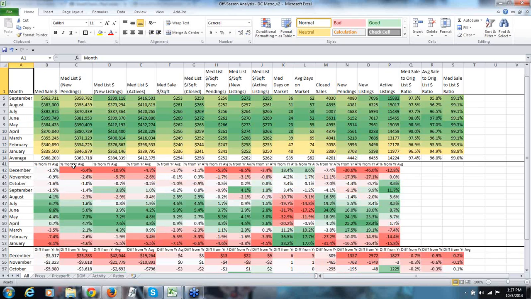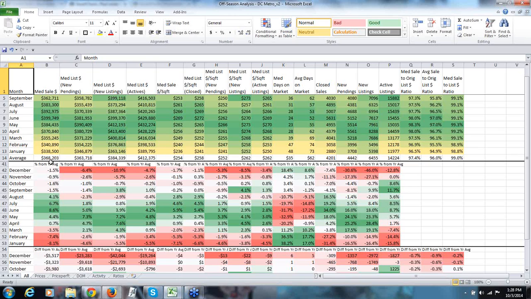Now that we have stats on new pendings, it's important to pay attention to those as well as the sold stats, so looking at the median list price for new pendings versus median sold price for sales. Looking at this, it looks like January and February, so the dark red are those. This is showing the percent difference for the month of January over the last 10 years over the yearly average.